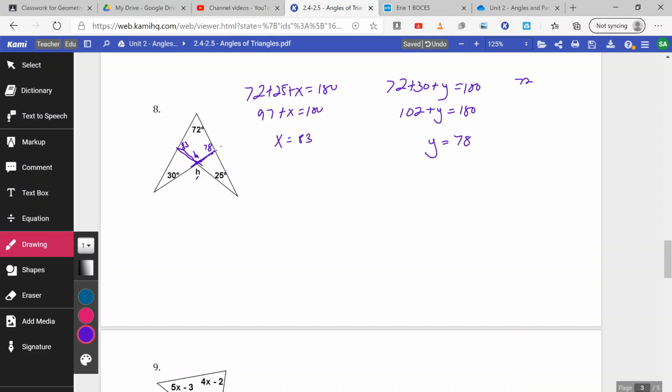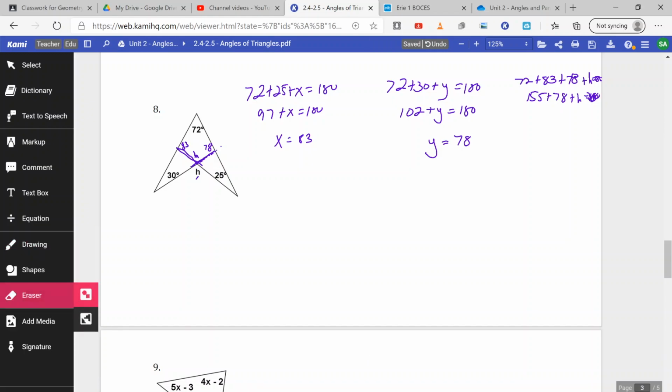So 72 plus 83 plus 78 plus H equals 180. So I'm going to add up my three angles, 72, 83, and 78. 72 and 83 is 155, plus 78, plus H is 180, or 360, my bad, 360, not 180.